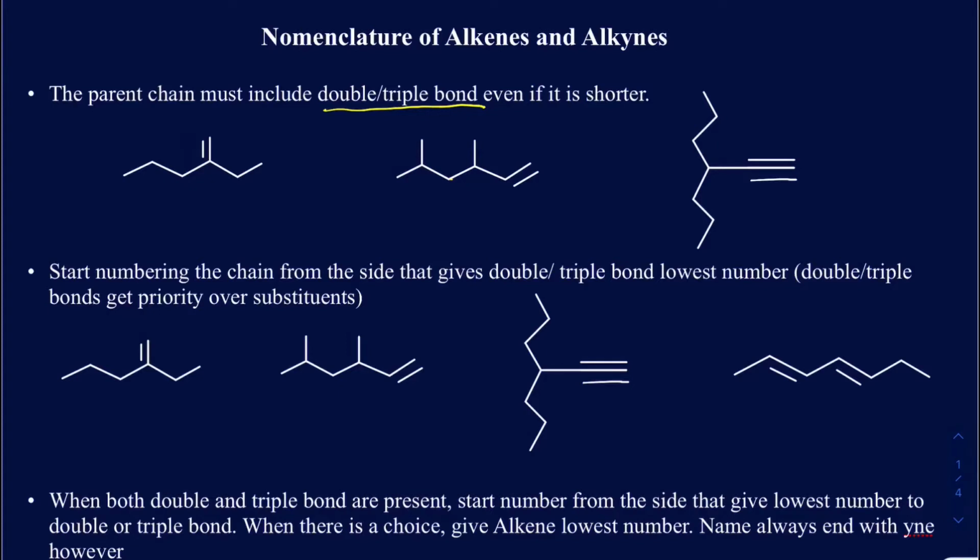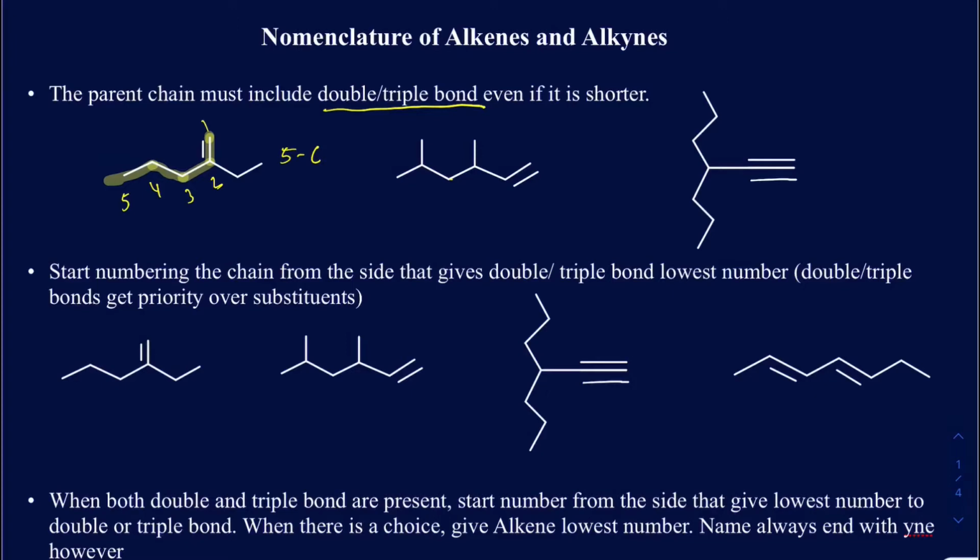Now if we look at these three examples, you may want to pause your video and figure out what's going to be the longest chain in those three examples. So let's suppose you did that, and for the first one, my longest chain that includes the double bond is going from the double bond to the bottom left here, and that would have 1, 2, 3, 4, 5 carbons, so that's 5 carbons long.